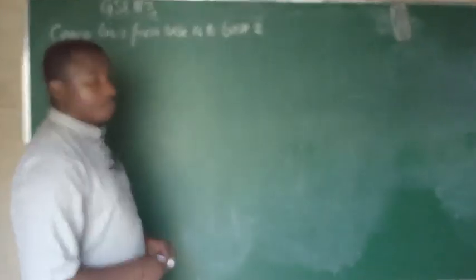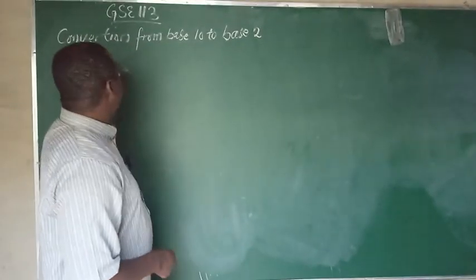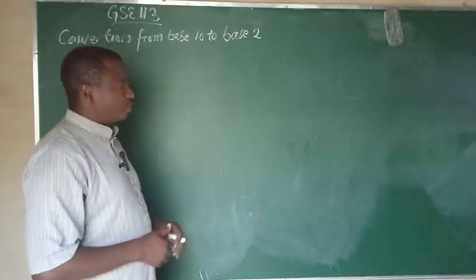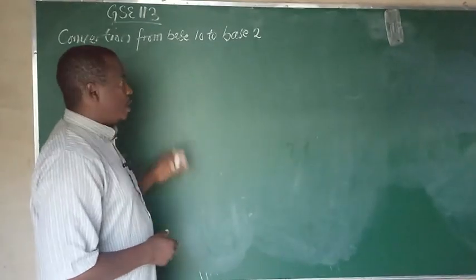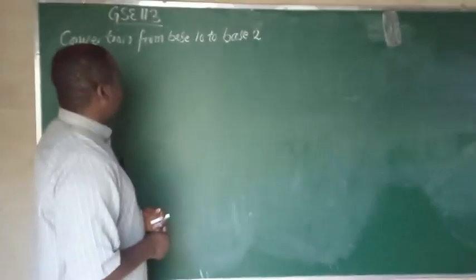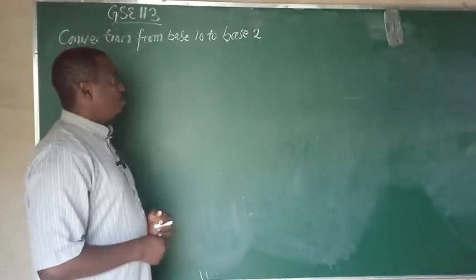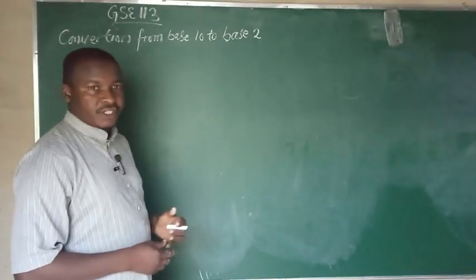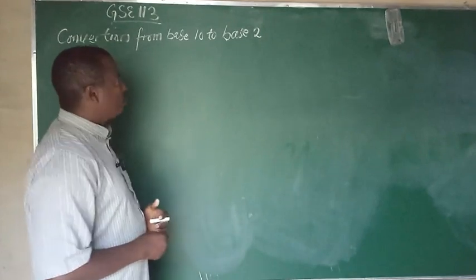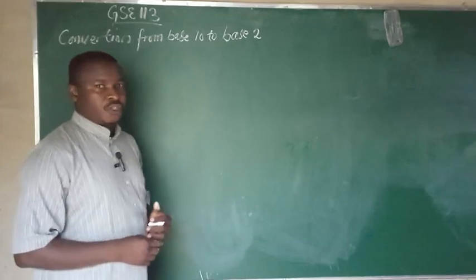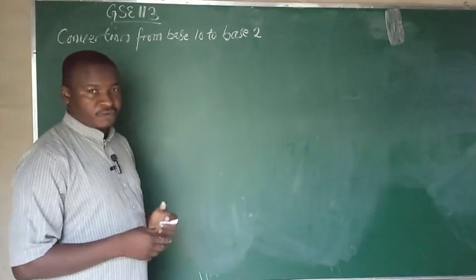Our topic of the day is conversion from base 10 to base 2. In our last class, we treated conversion from base 2 to base 10, which I told you is done by successive multiplication.